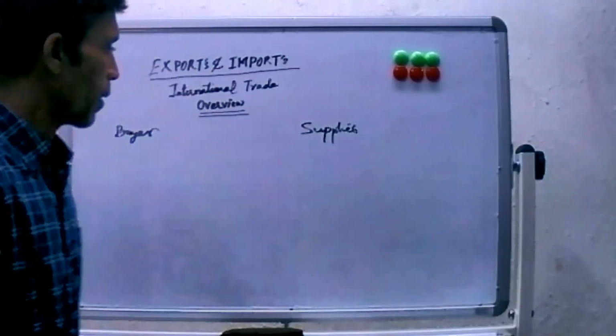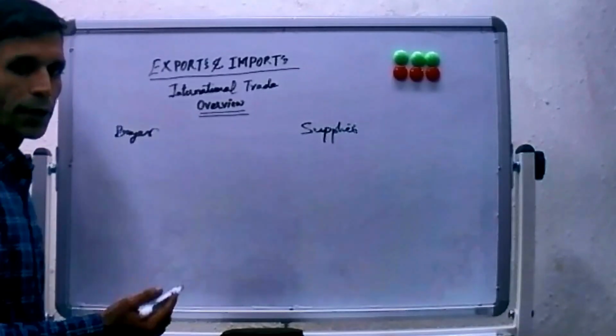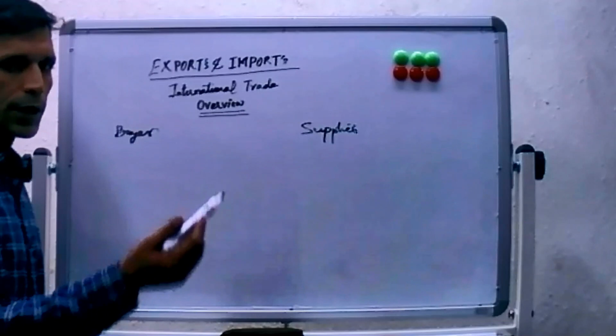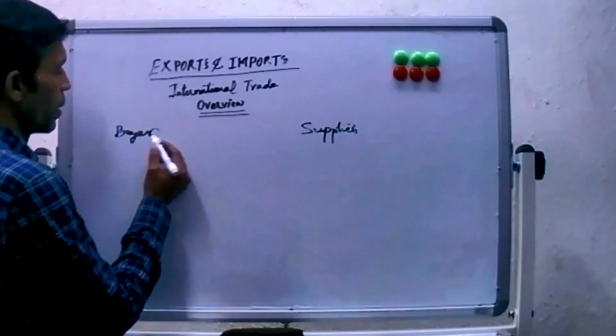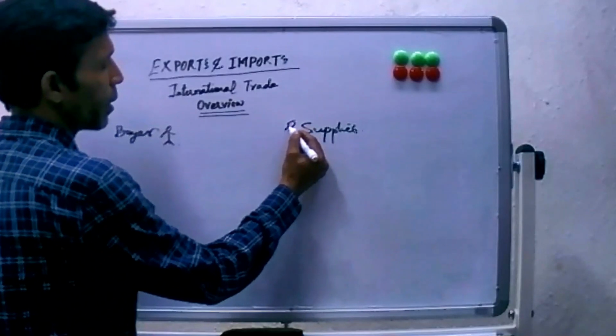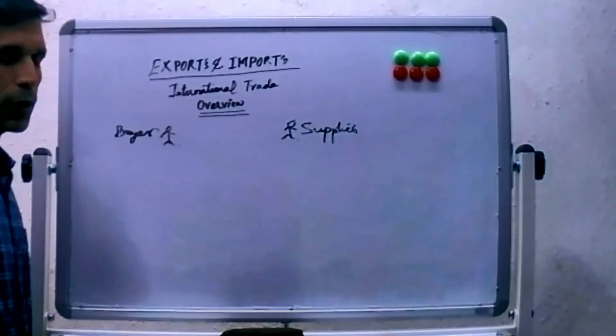So the buyer has an interest in buying 100 tons of sugar from the supplier. Once the buyer is agreed and happy, he communicates with the supplier, and the supplier says, okay, I'm going to provide you this. But now what happens?